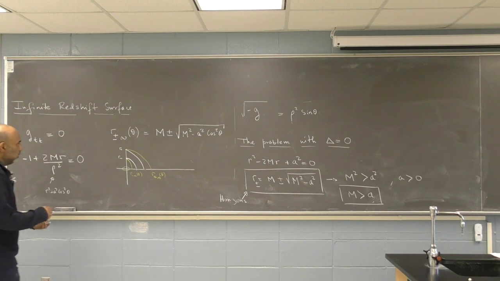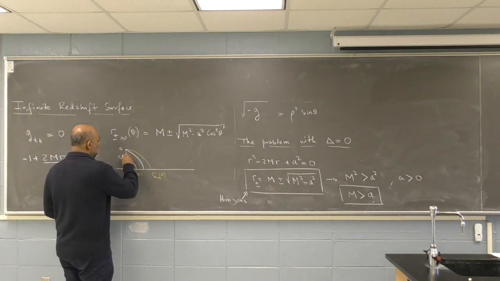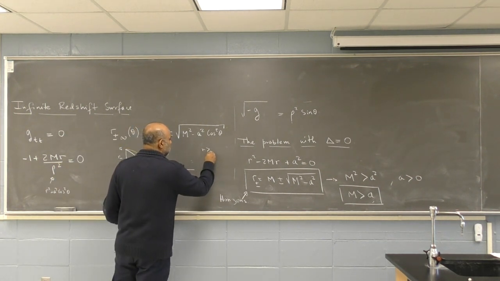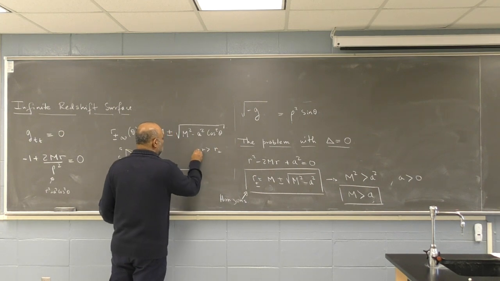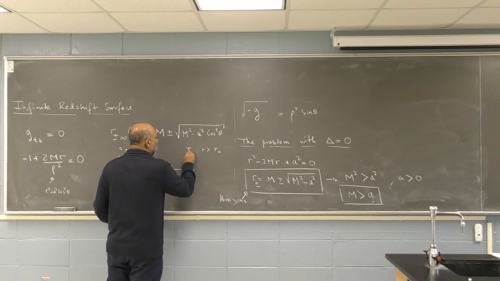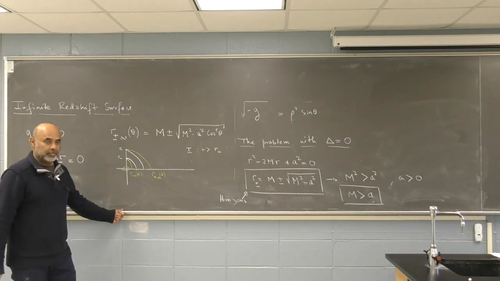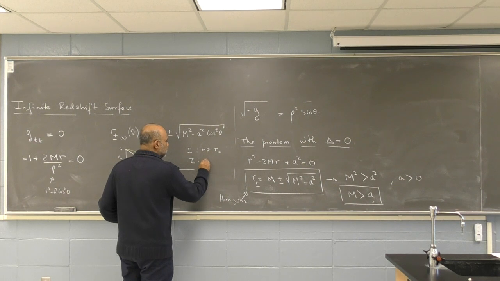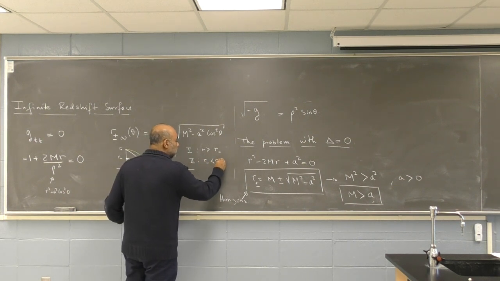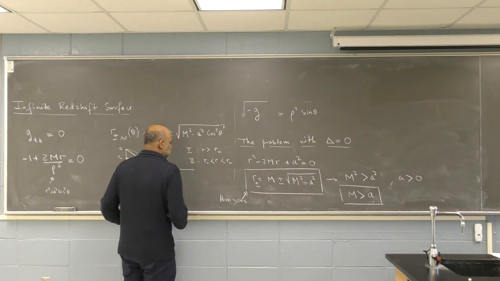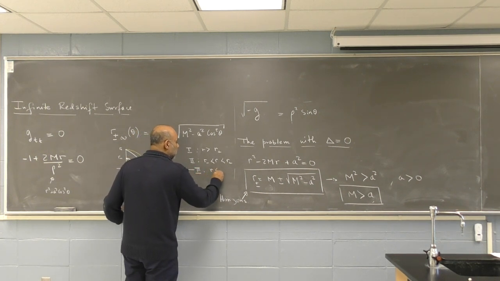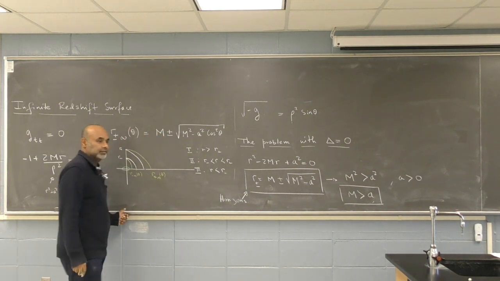It is very standard to call the outward region, all of it when r is greater than r plus, block 1. Block 2 would be between the two horizons, r minus and r plus, and block 3 would be r less than r minus.